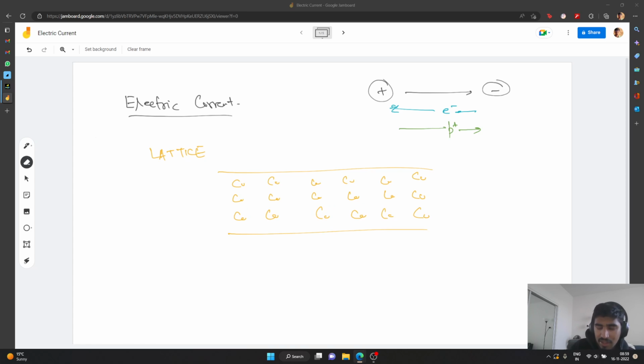Now, all of these copper atoms have two extra electrons in the valence shell, the last shell. Those two electrons they give up, so they themselves become, sorry, positively charged because they give up those electrons. And the electrons that they give are now free to roam around.